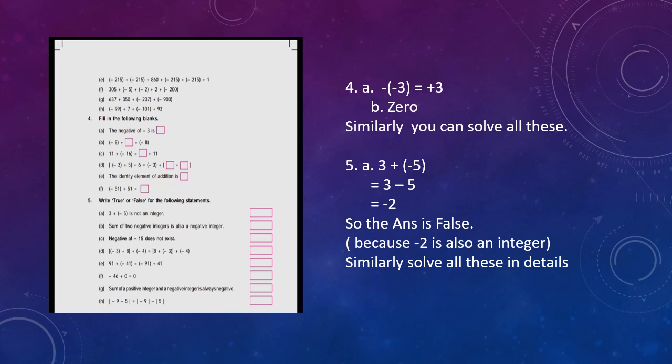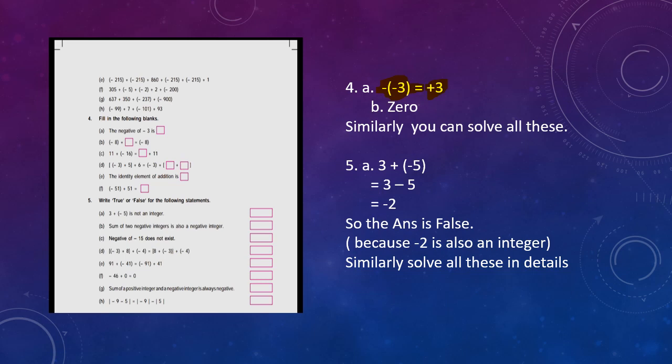You have to answer what is the negative of minus 3. Negative of any number means you multiply the minus with the given number, meaning minus of minus 3 equals plus 3. So plus 3 is the required answer.